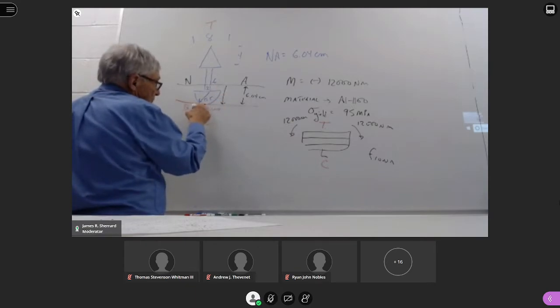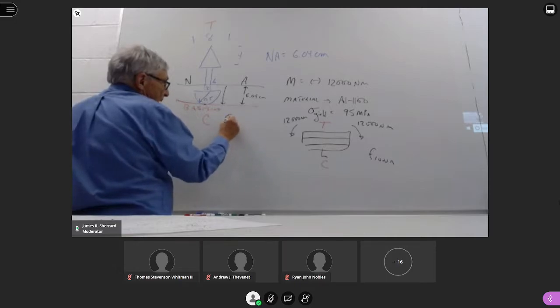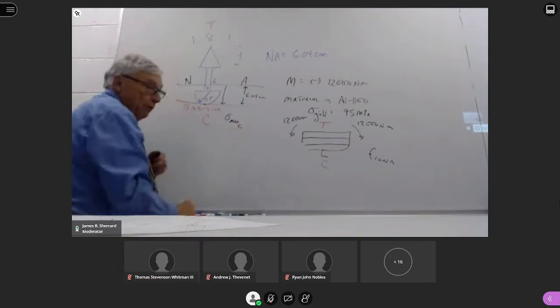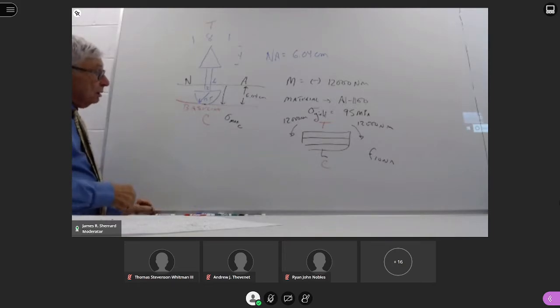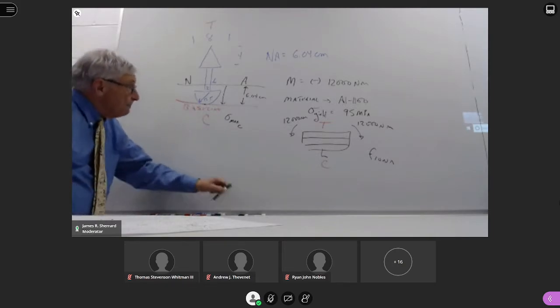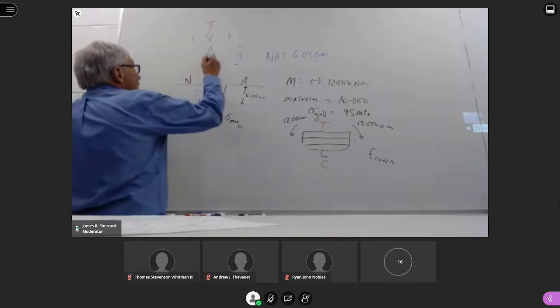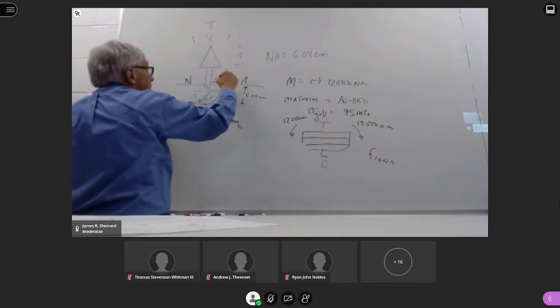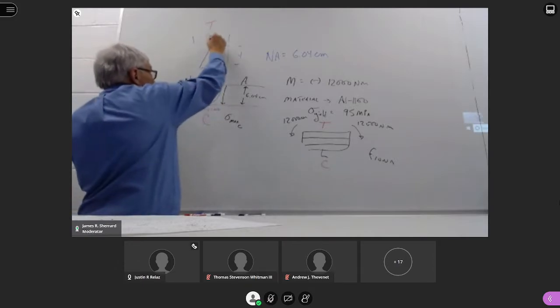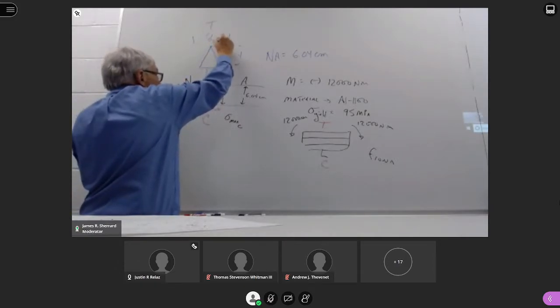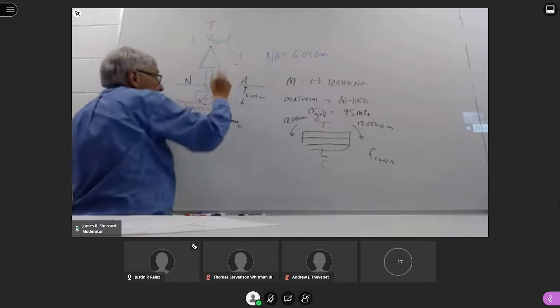It's compression. So this point is going to be the maximum value for compression. We don't know what it is yet, but we know that it's going to occur there. If we look at the top, we know that that distance up to here is going to produce a maximum value for tension.